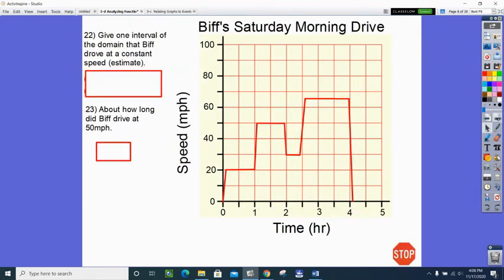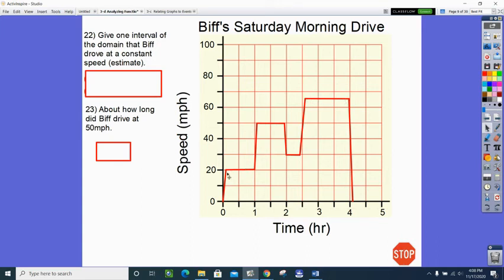Last one, Saturday. Give one interval on the domain that Biff drove at a constant speed, and it will be an estimate. One interval, you've got some choices here. So notice that this time it changed to a speed graph. Did you catch that? So now in interval, these flat lines are constant speed where he's actually moving.